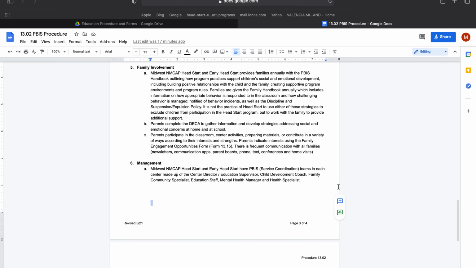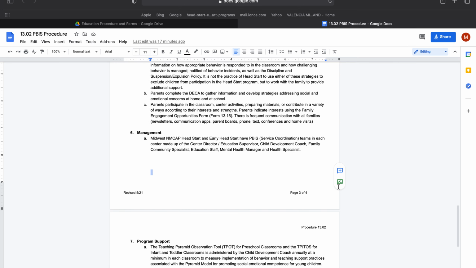a part of this system, and how we explain what PBIS is using our handbook, how families understand our discipline and suspension expulsion policies, and how we include families in the classroom or in the center as part of their children's development to encourage that family involvement and an understanding of really positive behavior.